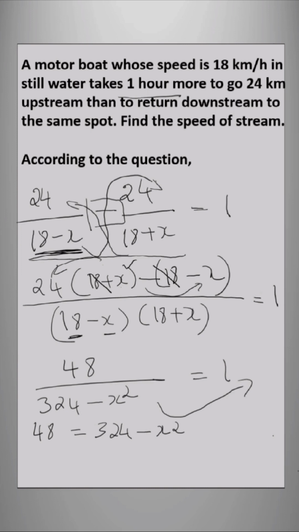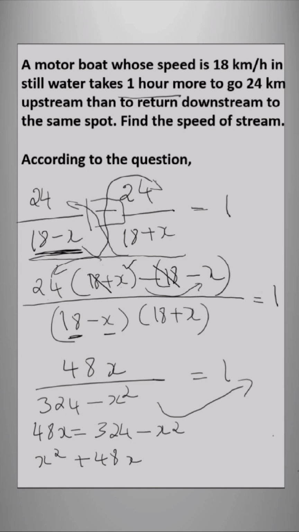Let us write it in the standard form. x square, 48x, I have forgotten, 48 into x, 48x plus 48x.